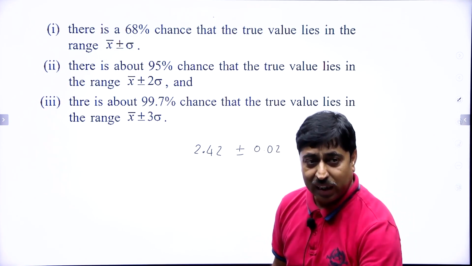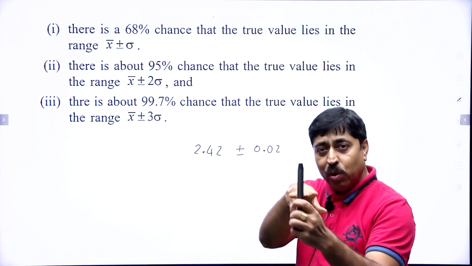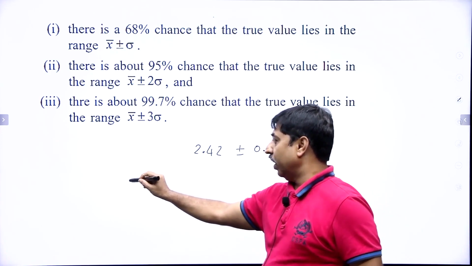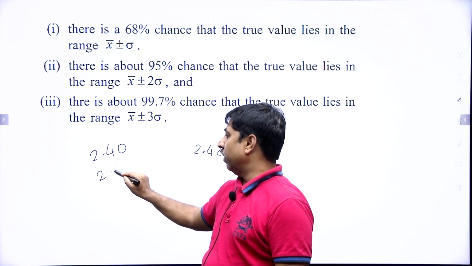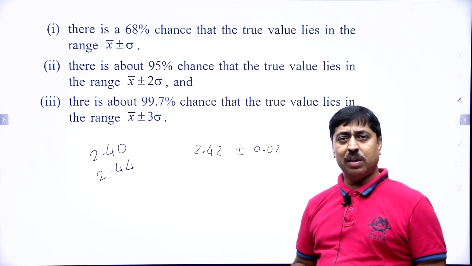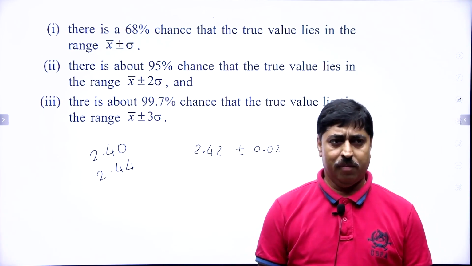So, now I can say that I am 68% confident that if you do a random measurement, that measurement will fall in this range. It will be somewhere between this number and this number. I am 68% confident about it.